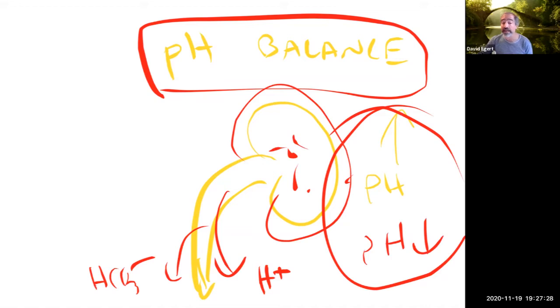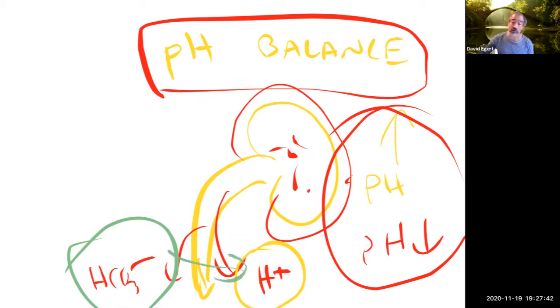With a typical diet, your urine tends to be slightly acidic. I think with more vegetarian diets, you often end up having more of an alkaline urine. But there's no correct answer for what the pH of your urine is.